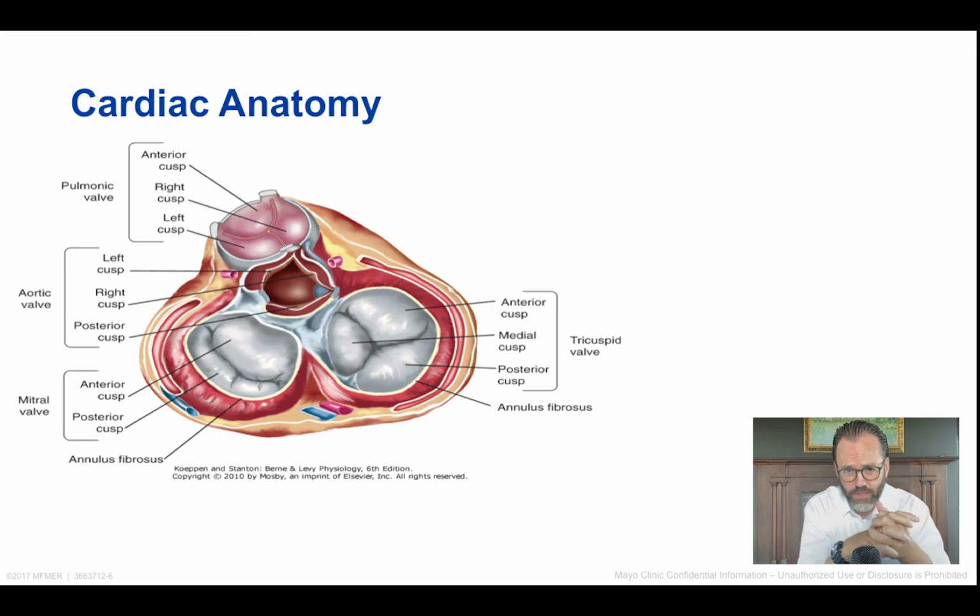Now, what's interesting is that when you actually start to view a heart in vivo or in a dissection, it can often be very difficult to tell the difference between the pulmonic valve and the aortic valve. And largely that's because both valves are very thin structures, and oftentimes when the hearts are removed, the aorta can be damaged, or the pulmonary artery can be damaged.